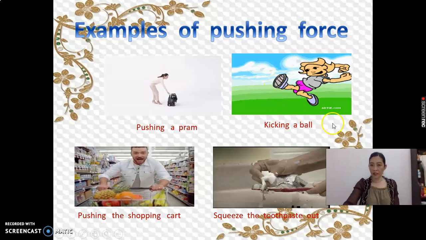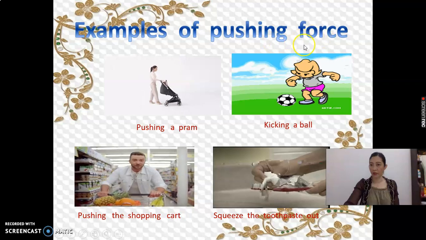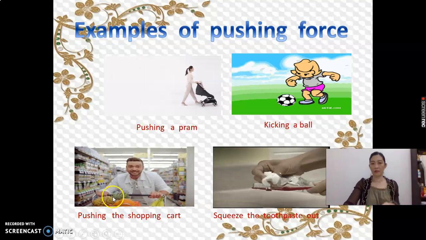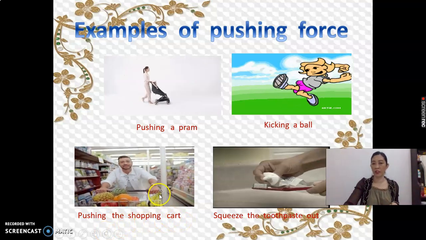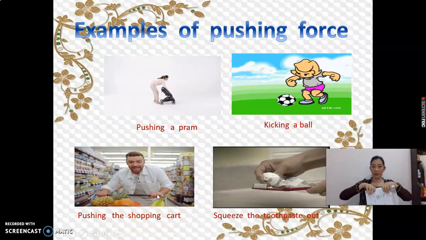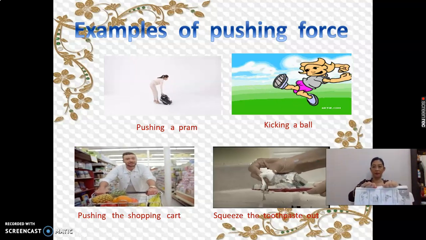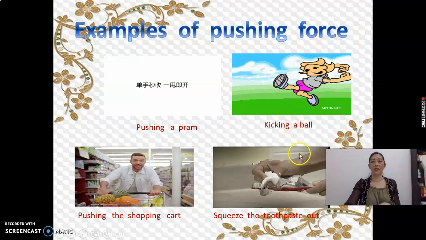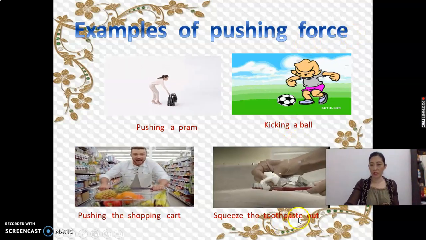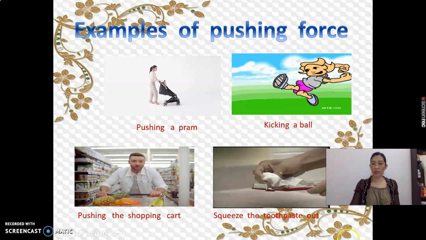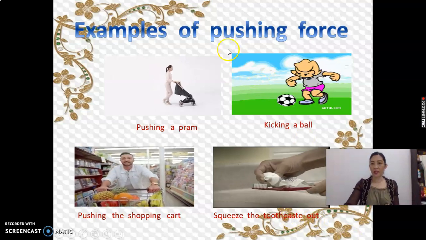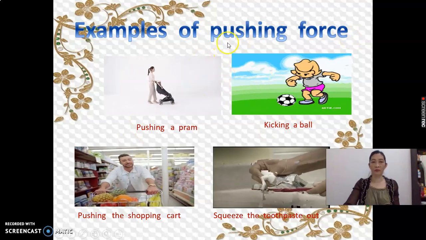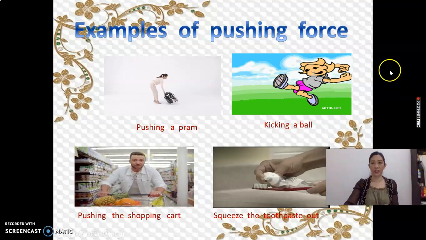Kicking a ball is a pushing force. Number 3 example is pushing the shopping cart. When you force the shopping cart, that is an example of pushing force. Number 4 example is squeezing the toothpaste out. When you squeeze the toothpaste, that is pushing force. So these pictures are pushing force.